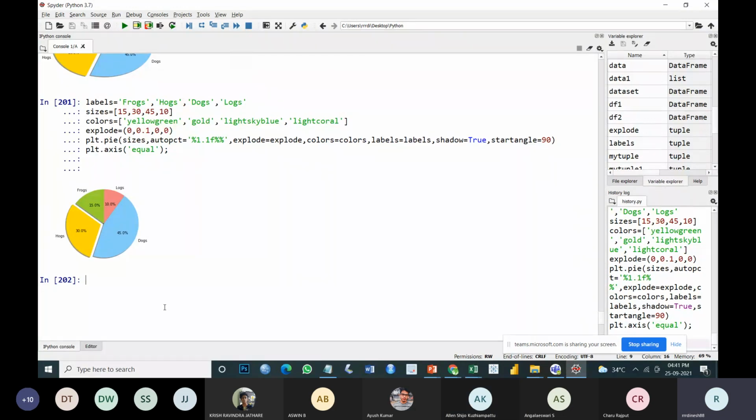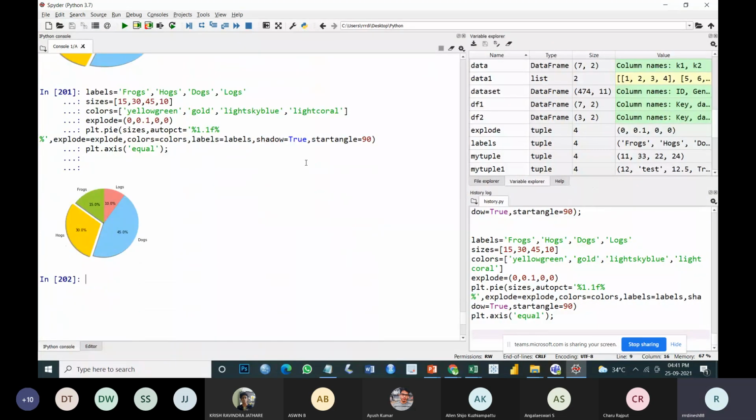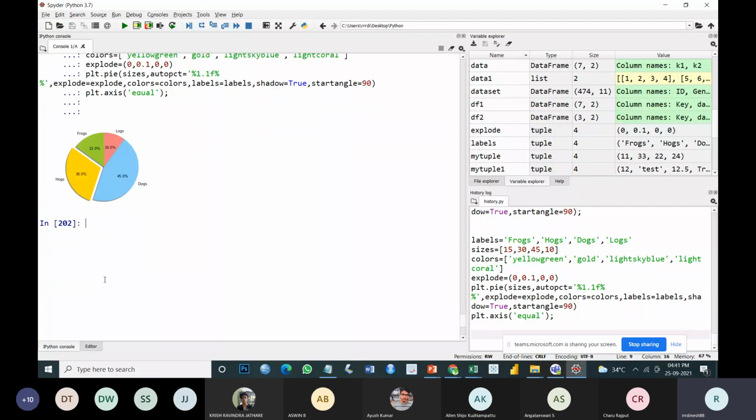So this is the pie chart. Next, we can also draw a bar graph, for example. Then we can also draw a histogram. For the histogram, I am going to load one file. This was small data.